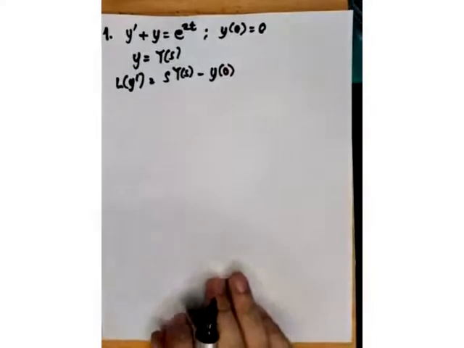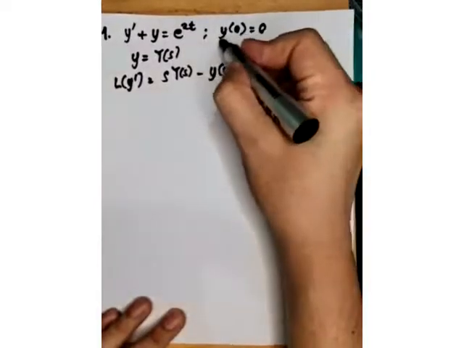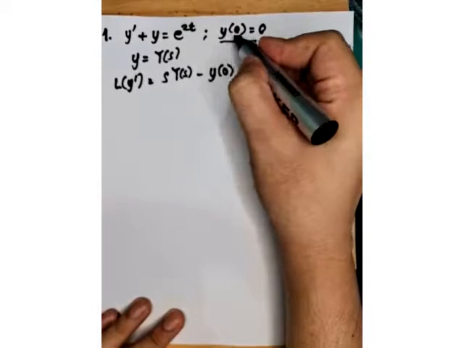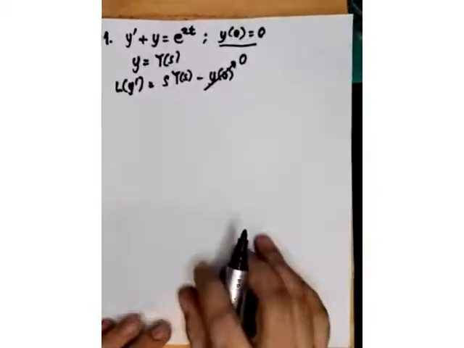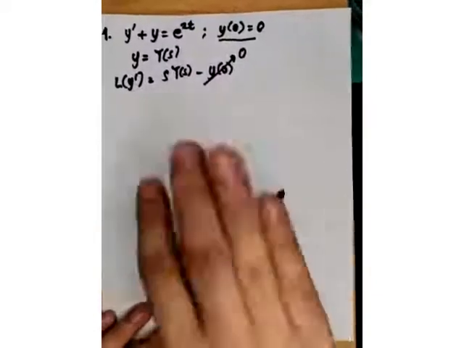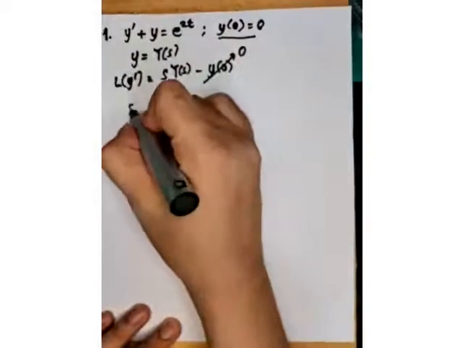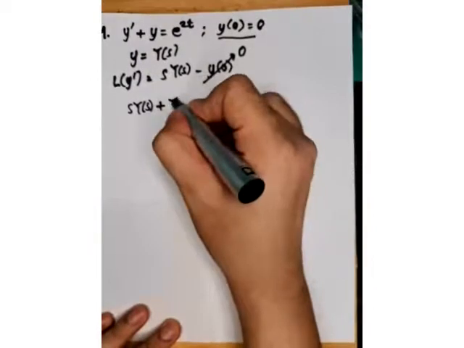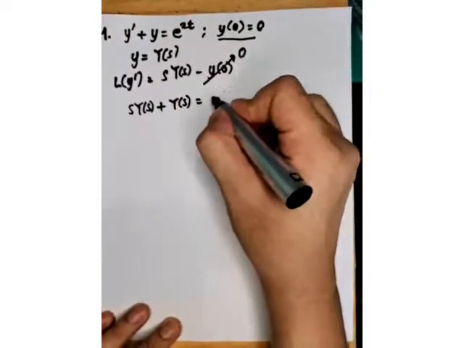But what is y of 0? Based dito, ang condition natin that y of 0 is, when x is 0, y is equal to 0. So, therefore, this is equal to 0. Ang gagawin natin yan, isa-substitute lang natin siya. So, ito niyan ay magiging s times Y of s plus Y of s is equal to e.